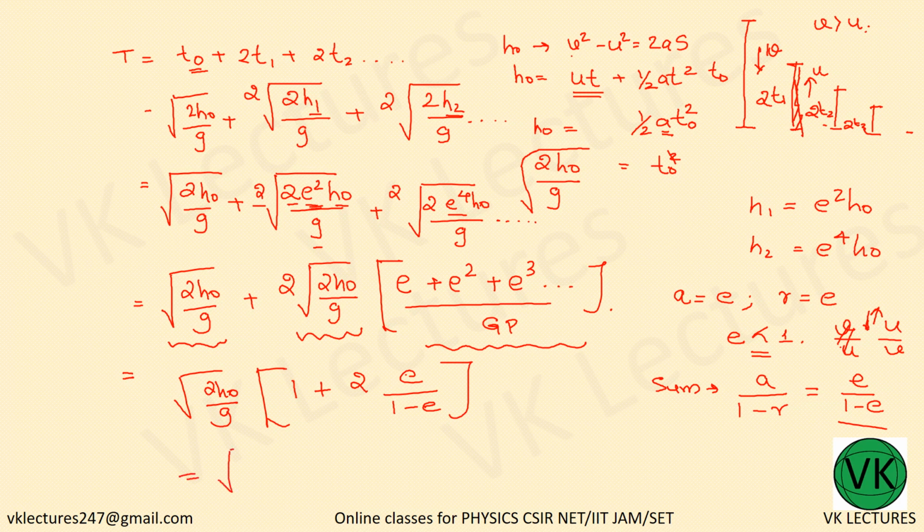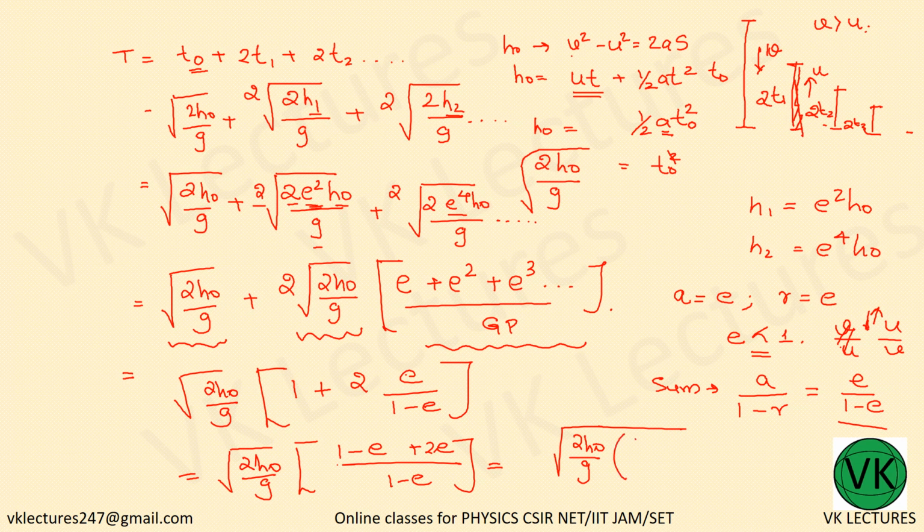Now this will be equal to 2 h naught by g into, this one you can write as 1 minus e plus 2e divided by 1 minus e. So 1 minus e plus 2e can be written as 1 plus e. So root of 2h naught by g into 1 plus e divided by 1 minus e. I hope this is clear.